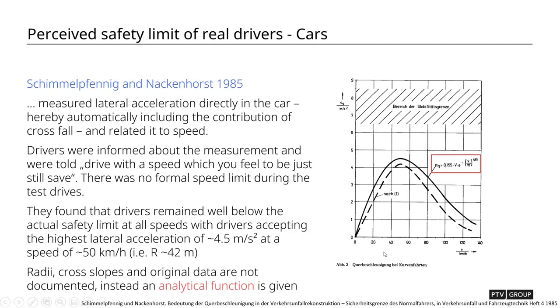They measured the speed of the car, and they measured the lateral acceleration on the driver, so lateral acceleration inside the car, which means that the cross slope is included. If the car would stand still on a road with cross slope, the value here would be negative.